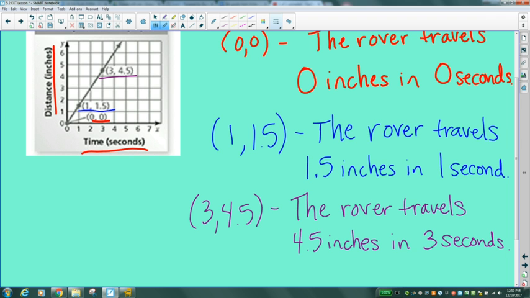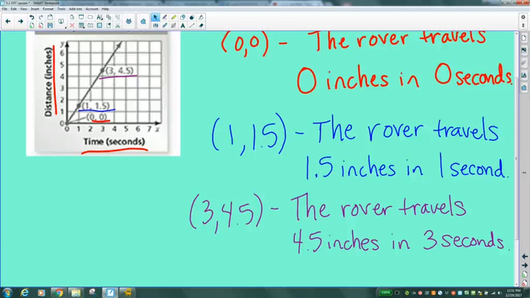So I have just made sense of all 3 of these points. When it's asking you to make sense or interpret them, it's asking you to write them out in words or in a phrase. How can you make sense of what the data is telling you?